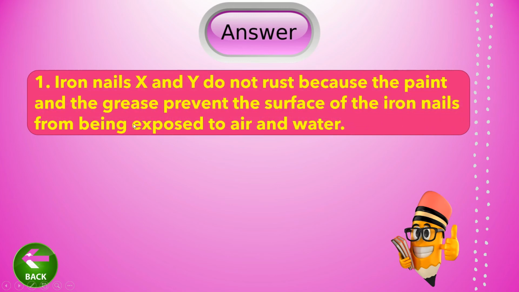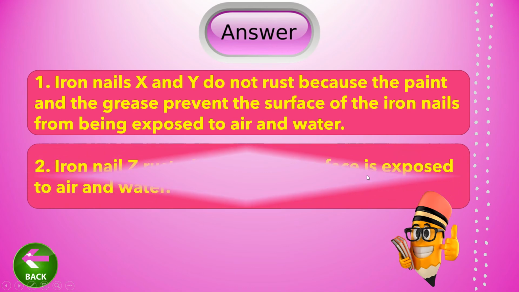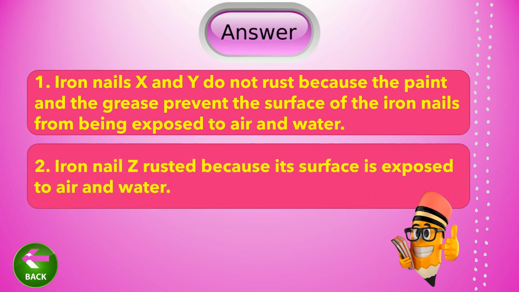Iron nails X and Y do not rust because the paint and the grease prevent the surface of the iron nails from being exposed to air and water. Number 2. Iron nail Z rusted because its surface is exposed to air and water. So these are the 2 inferences we can make from the investigation.